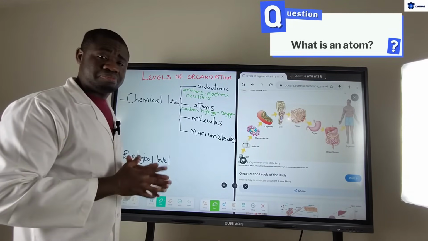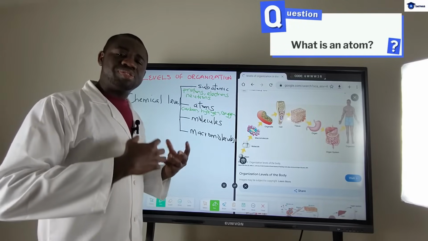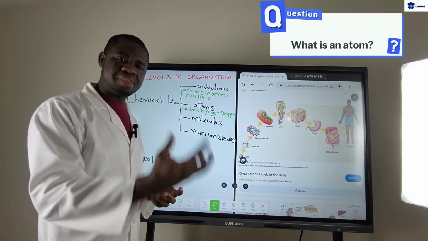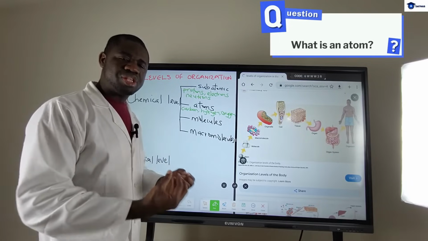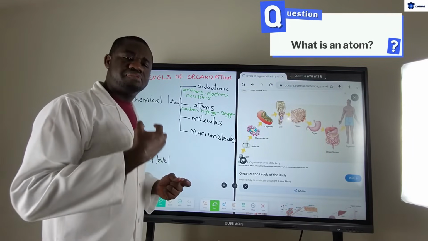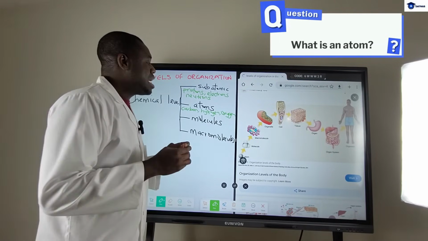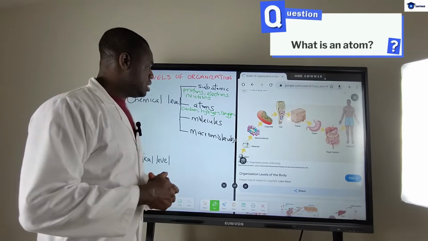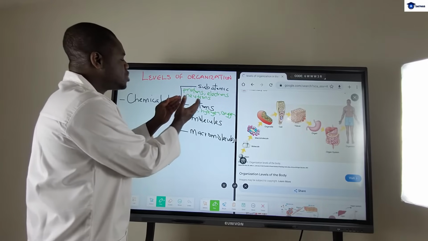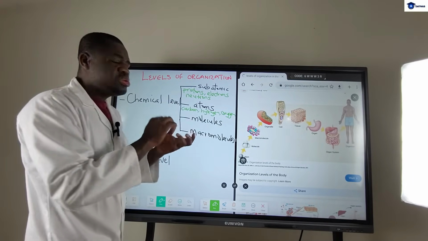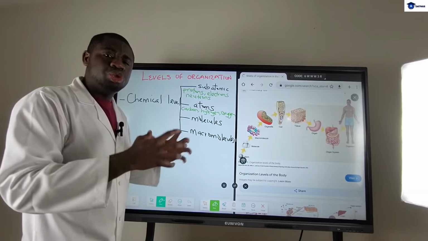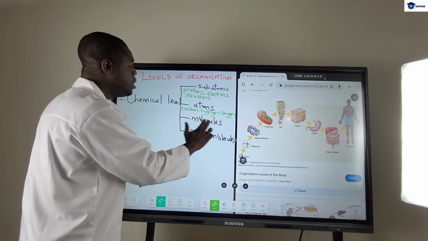What is an atom? Atom is the smallest unit of something, the smallest unit of a matter that cannot be further divided. And these atoms come together, they collaborate, they join together to form molecules.